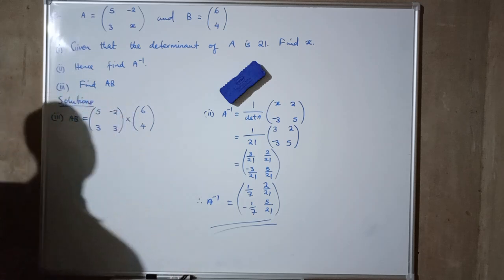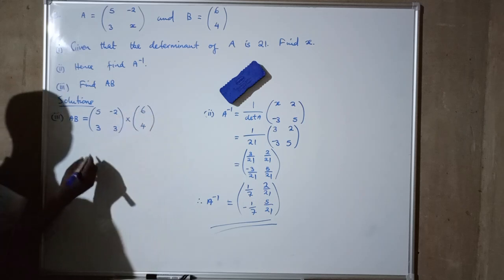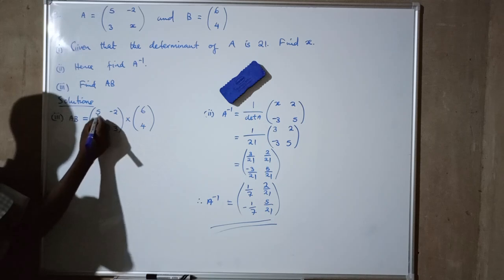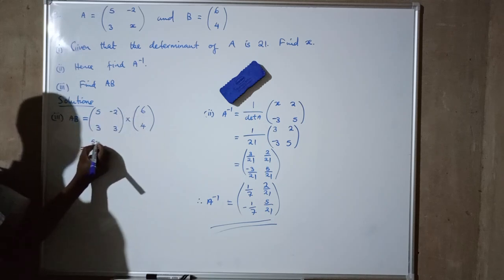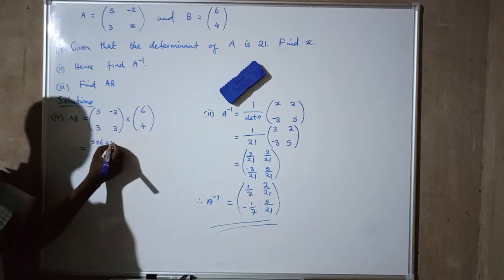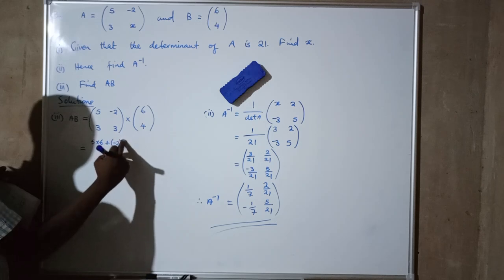Then we need to multiply. Since the number of columns, 1, 2, is equal to the number of rows here, we can multiply. So say equals 5 times 6 plus the -2 times 4.